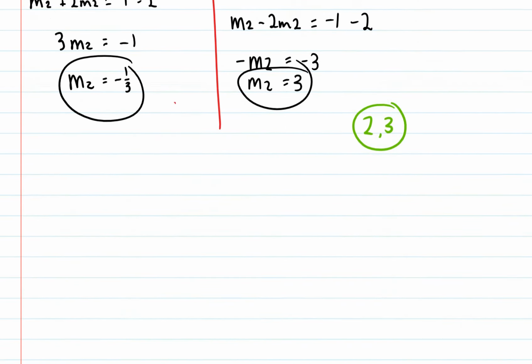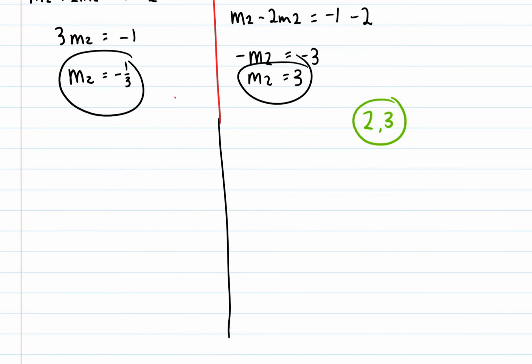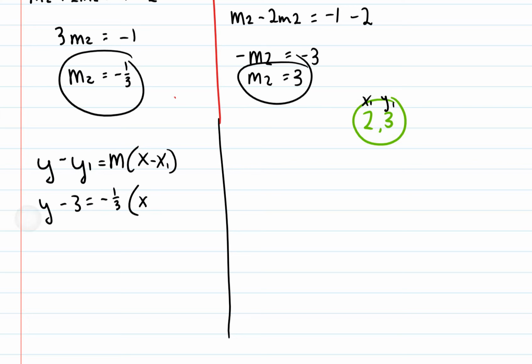So we're sticking with both lines. y minus y1 equals m(x minus x1). That's our equation of a line formula. There's x1, y1. So y minus 3 equals, now the slope here is minus a third, (x minus 2).